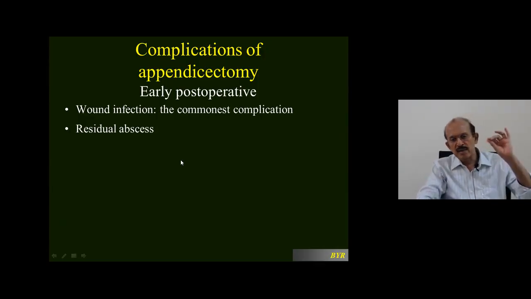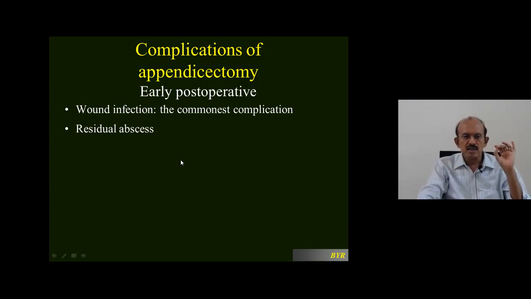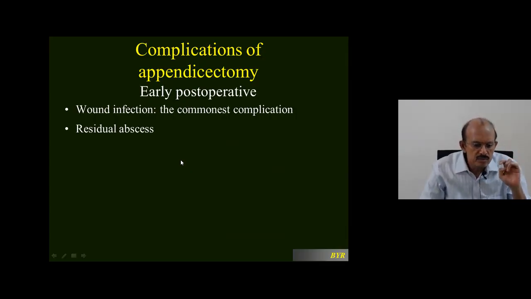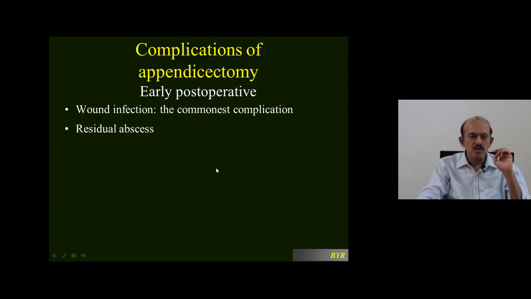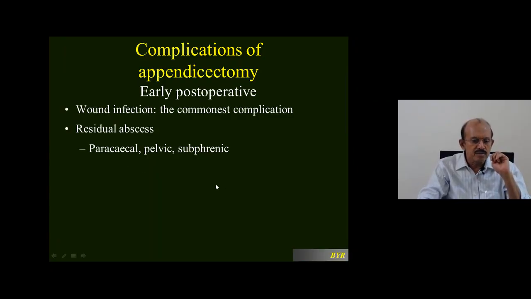So when you remove the appendix through the wound, there is chance of getting wound infection. The residual abscess. The abscess may form after appendectomy operation at the parasacral position, pelvic position, or subphrenic position.